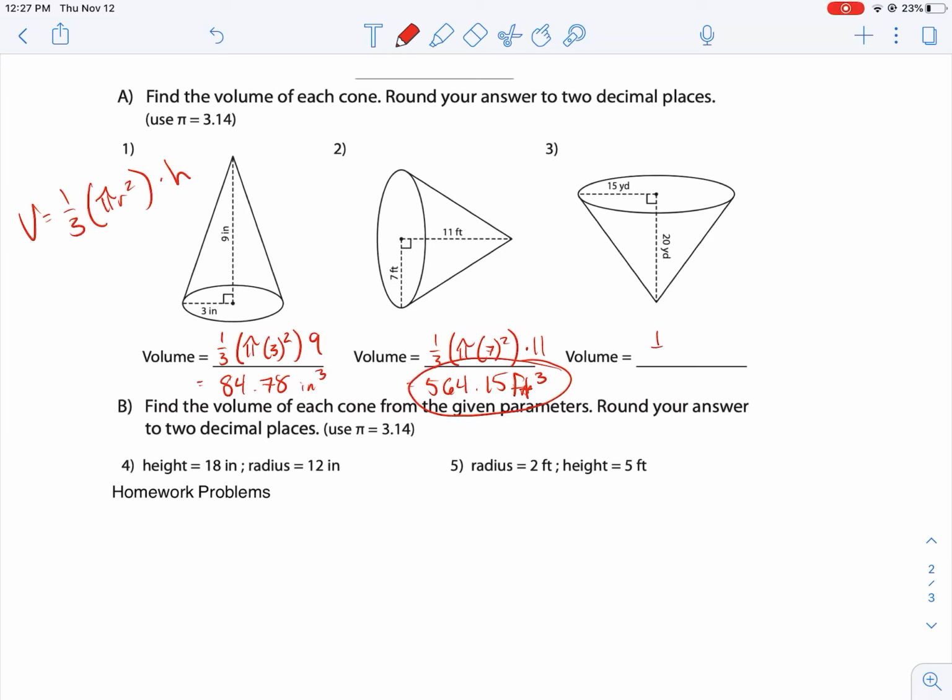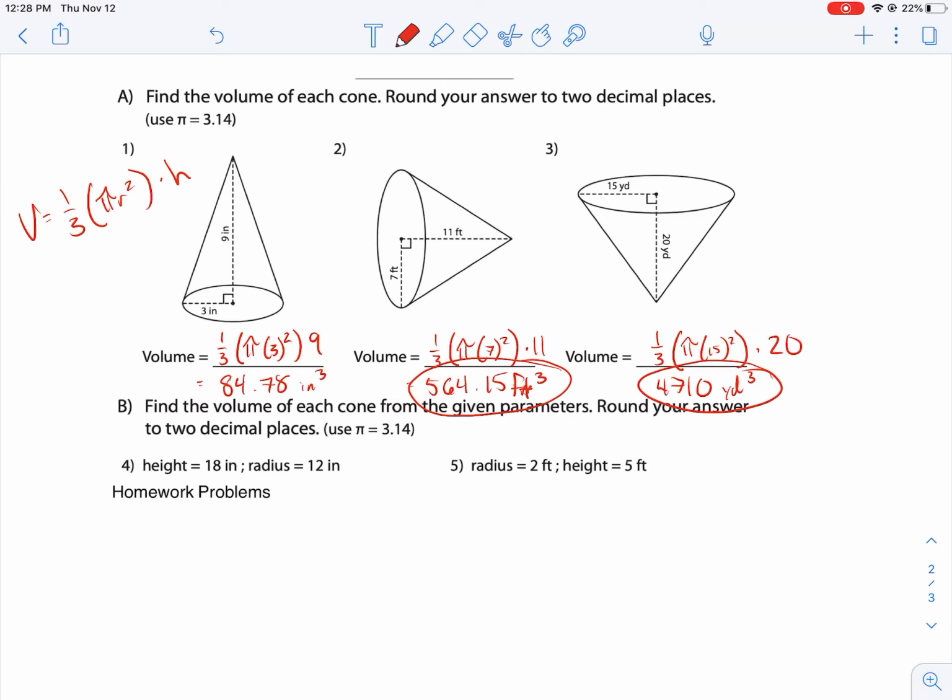Over here, 1/3, our radius is 15, times our height, which is 20. And you get 47.10 yards cubed.